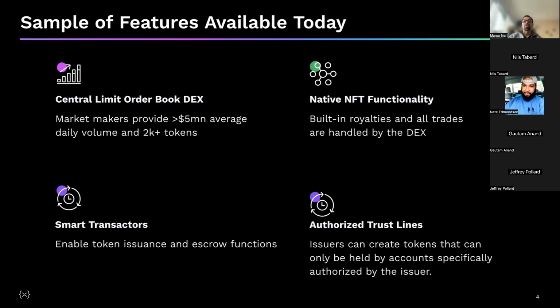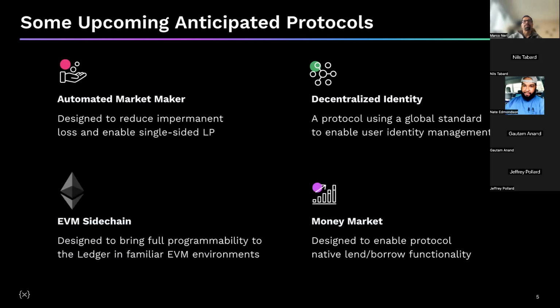But other functionalities have been added afterwards, like the native functionality to mint or to exchange non-fungible tokens. Other features can be thought of as ways to create assets like fungible tokens, and other functionalities like escrows.